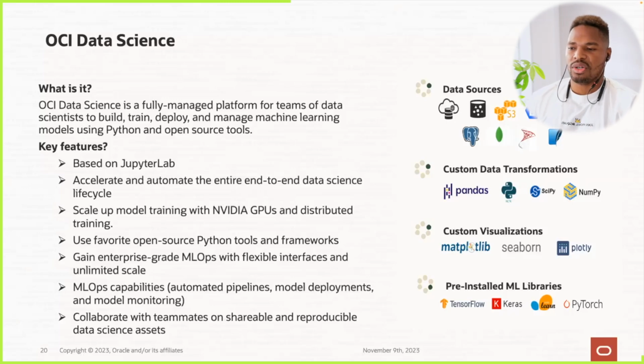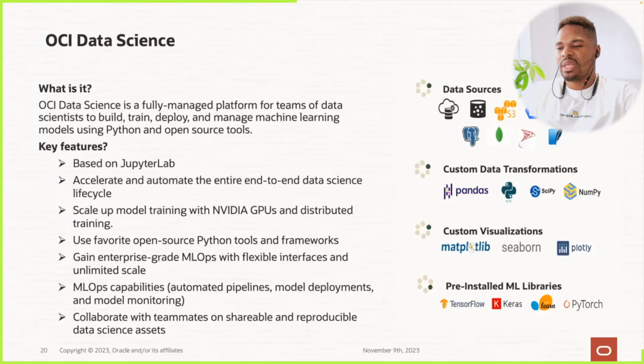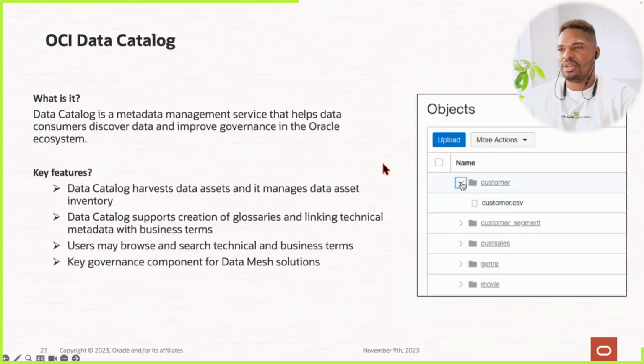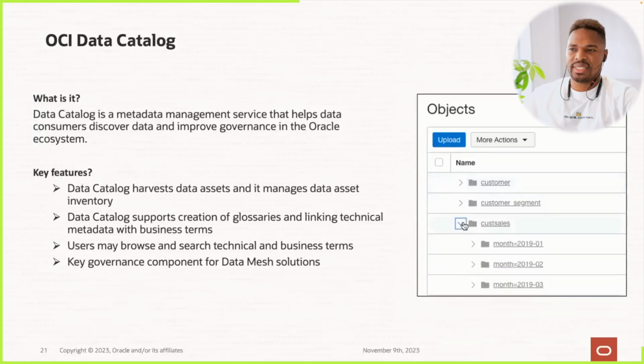This service also comes with machine learning operations, so MLOps capabilities, in the sense that you have automated pipelines. It helps you with the model deployment and monitoring the model. And again, as said before, since it has been built with data scientists in mind, you have the ability to collaborate with the model catalog. And so another service that you can position here is the Data Catalog.